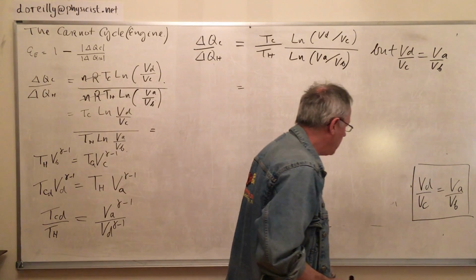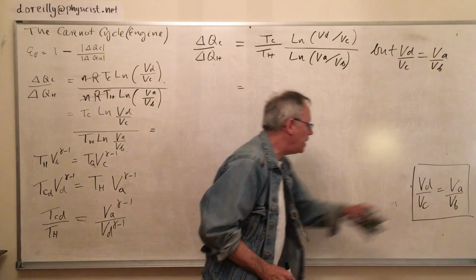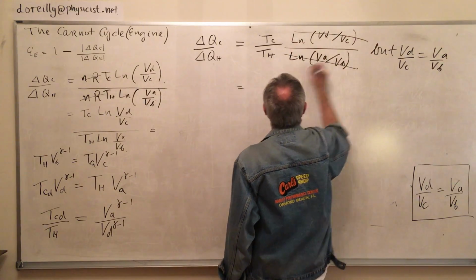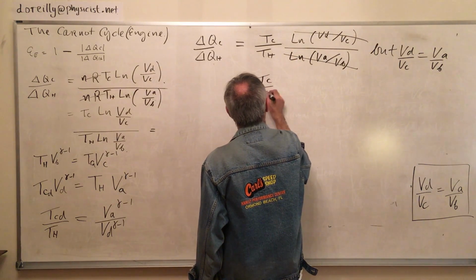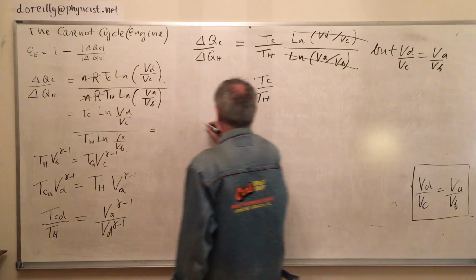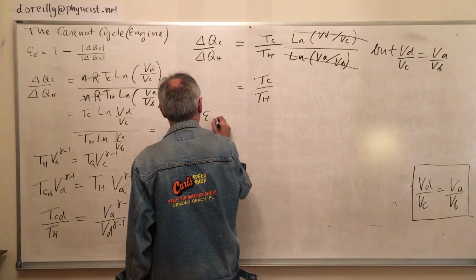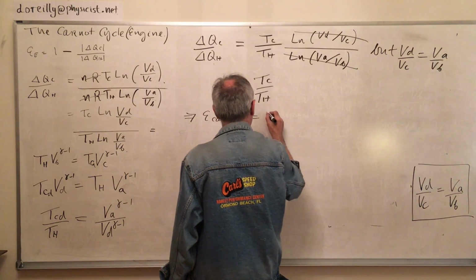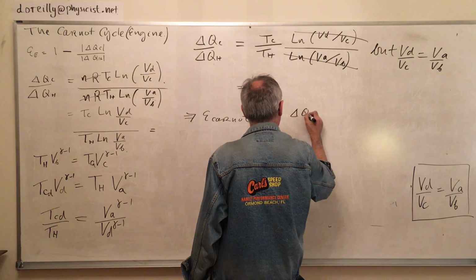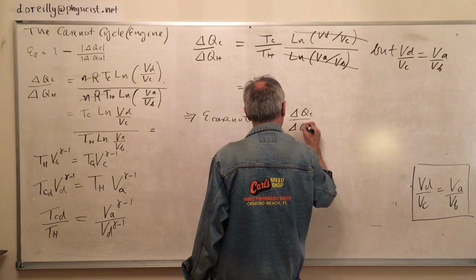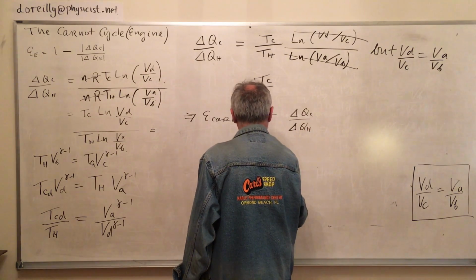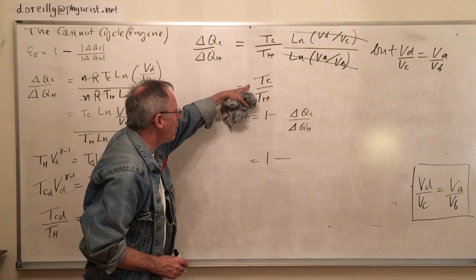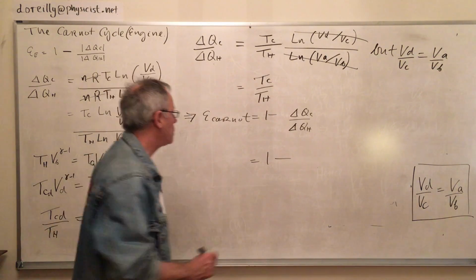But due to the adiabatic conditions, I've shown that VD over VC is VA over VB, so these two can cancel. So the delta Q cold over delta Q hot for the Carnot case is just the ratio of the temperatures.